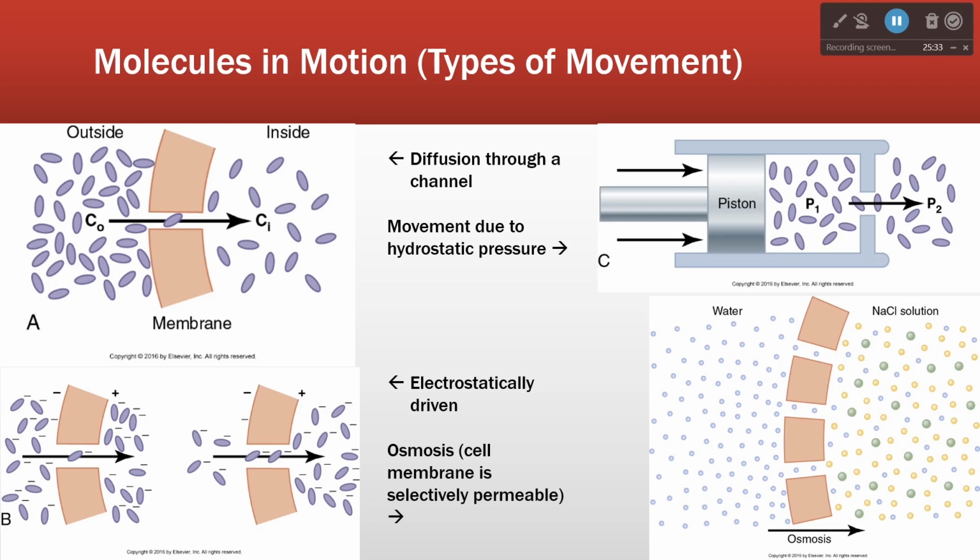So we have a semi-permeable membrane, right? Cell membranes can be considered semi-permeable membranes. So if you have a high concentration of solute inside and a low concentration of solute outside, water is going to be pushed in or pulled in by the high concentration, and we'll get net movement of water that way.